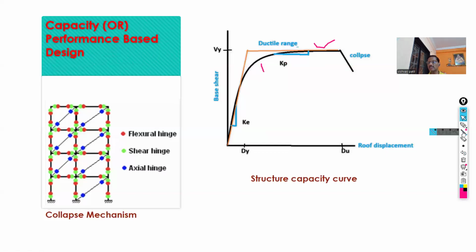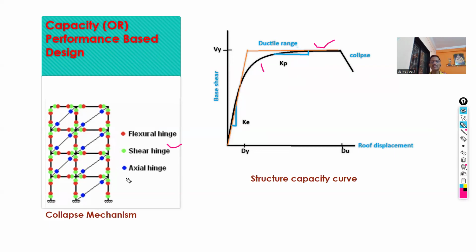Another feature of the performance-based design is that we come to know the failure pattern of the structure. Failure, as I said, occurs after yielding only. So what type of failure it is, whether it is a flexural failure, shear failure, or axial failure, that also we can observe from this particular design philosophy.